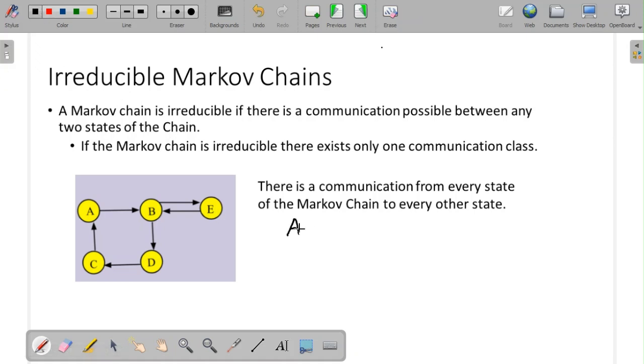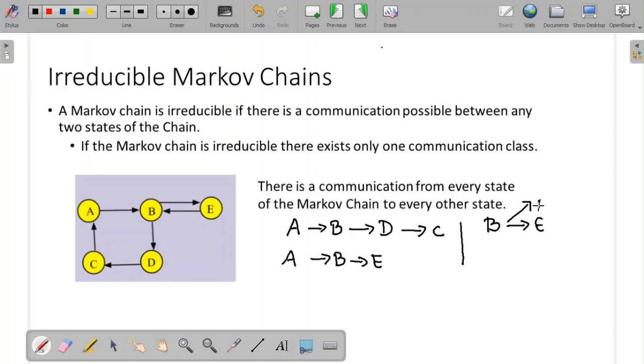Like if you start with A, you can go to B with a direct communication, to D through B, to C through B and D, and to E through B. So from A, I can reach the others. Similarly, from B, I can reach E and D directly.